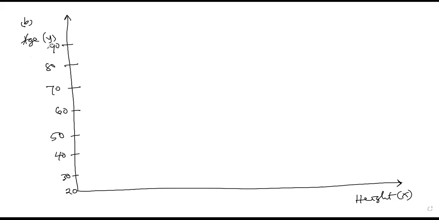Did we reach there? But let's take this. All our values are lying within. Even if someone started from 10, so that the graph is up. Then for the height, our smallest height is 140. So I can begin from 130.